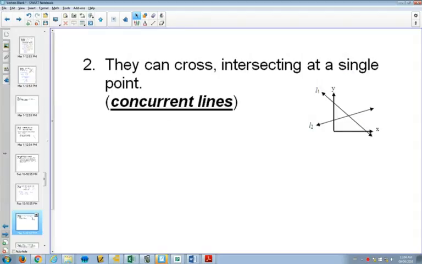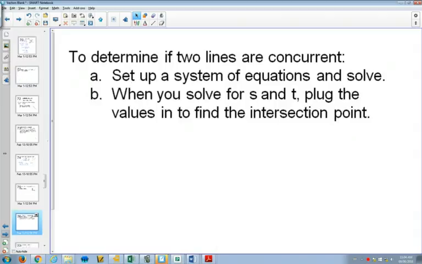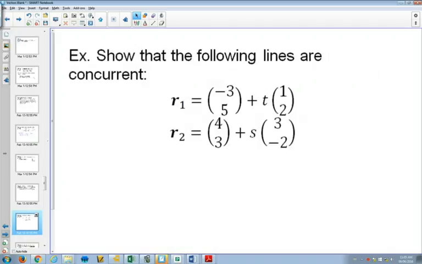2 lines could cross. And if they cross, they intersect at a single point. So when you're trying to find out where they intersect at that single point, you're going to set up a system of equations and solve it. And once you solve it, you can find out that intersection point. So what does that look like if we have vector equations? Well, we'll write out our parametric equations.